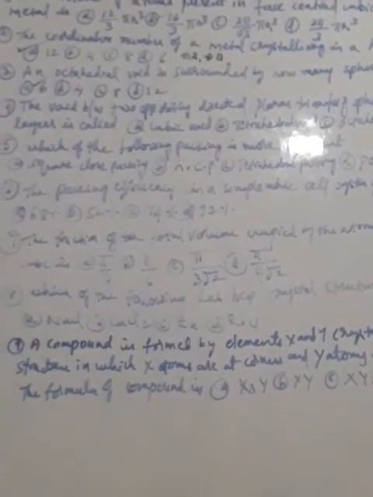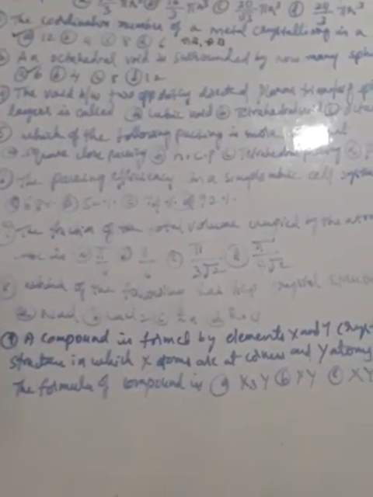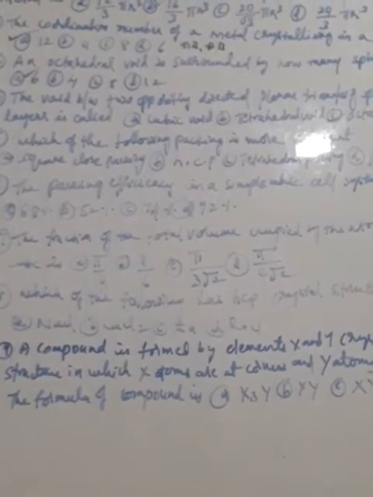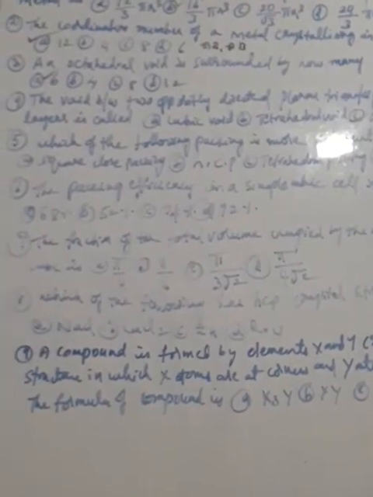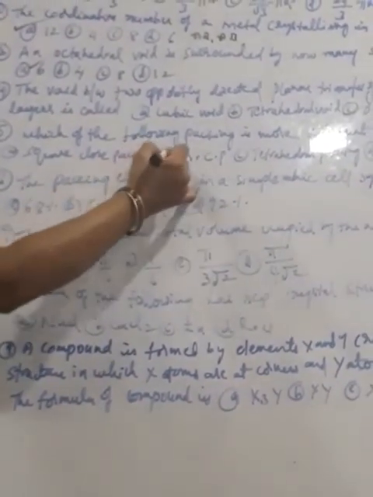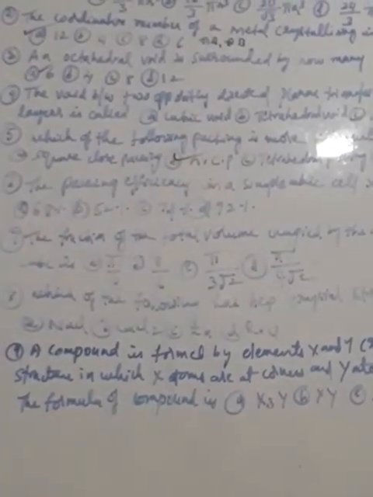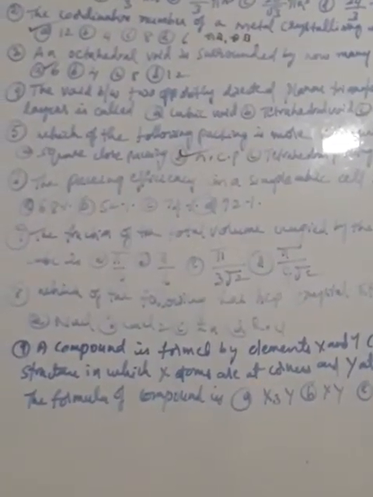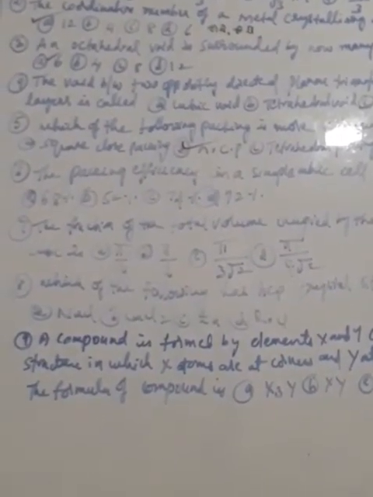Next, which of the following packing is more efficient, more stable? If a cube has more atoms, more space is occupied by the spheres, and that is more efficient. So packing efficiency is more in HCP, 74% occupied by the spheres.